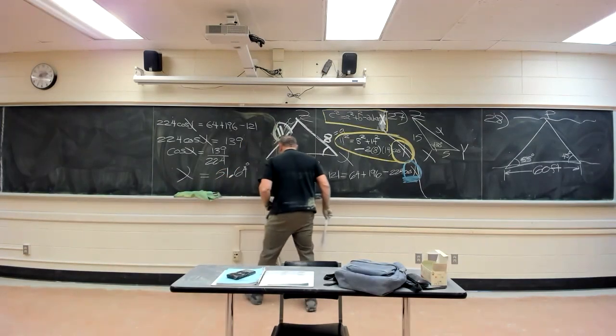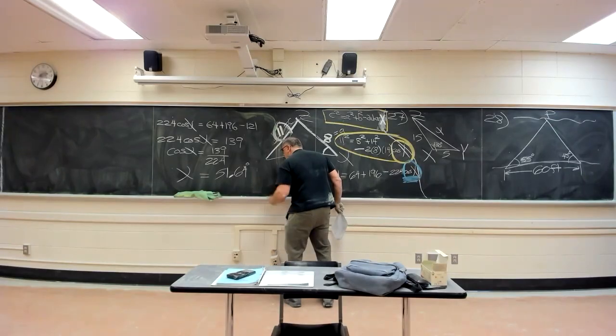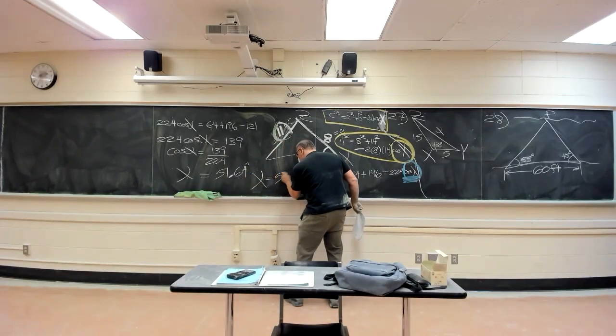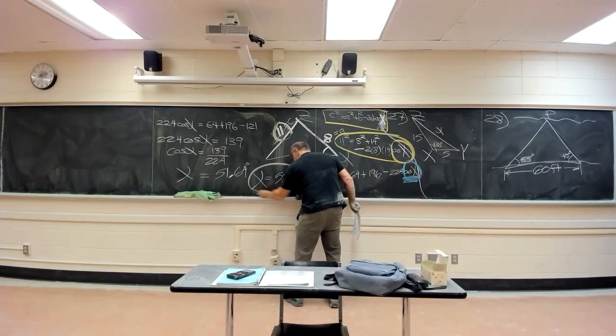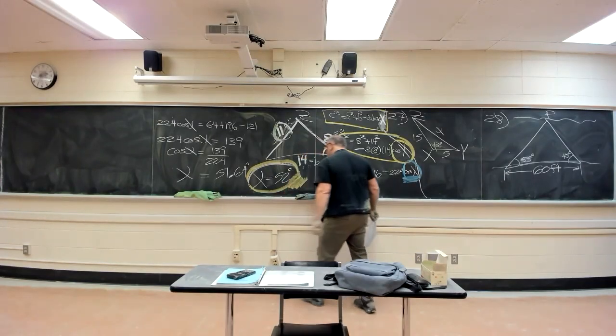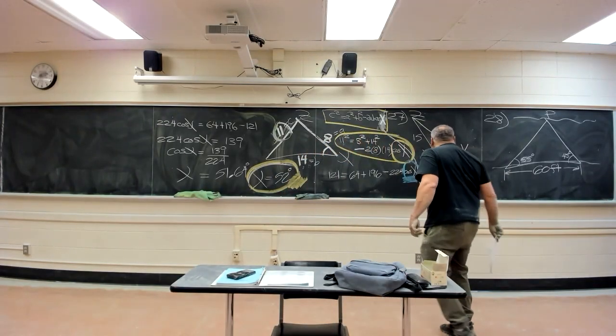I'll let you guys know to what degree of specificity you can get away with, depending on what system's being used, what exam's given, what class you're in. 51.64 to the nearest whole angular measurement, to the nearest degree. There it is.